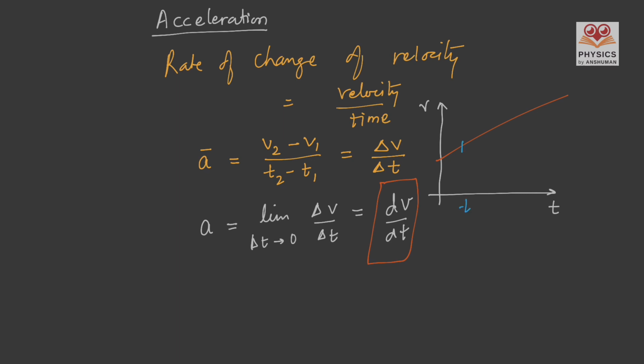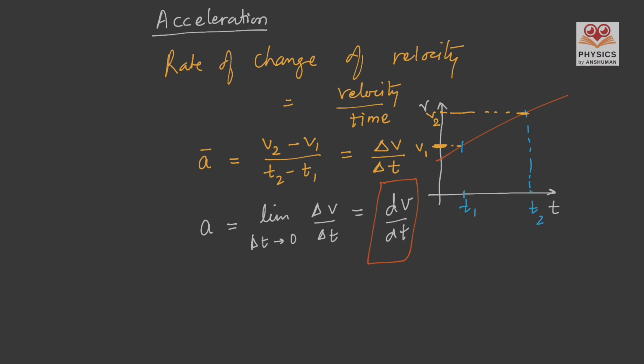This is time 1, and then this is time 2. For these two instances of time, the velocities are different. For time 1, the velocity is at this point, so we call it v1, the first velocity, and for t2, the velocity is somewhere here, and this is our v2.